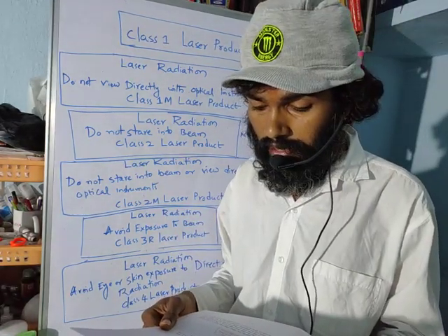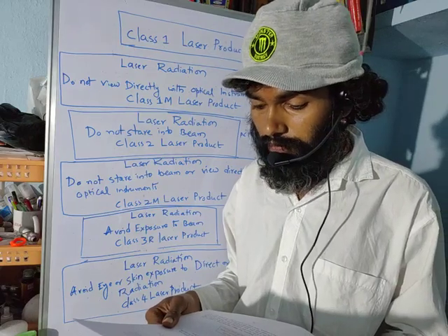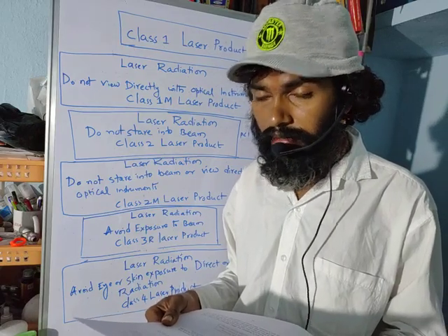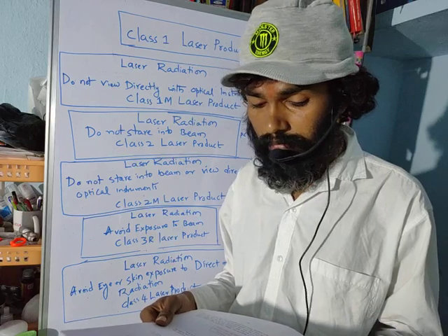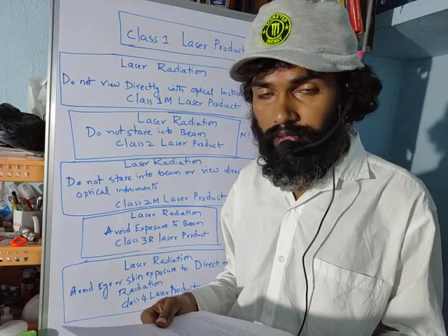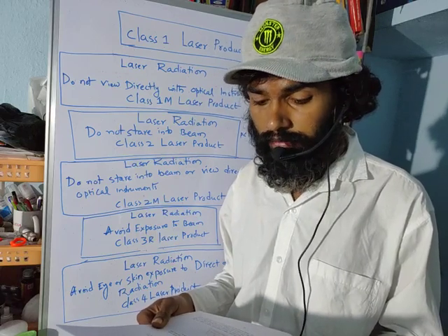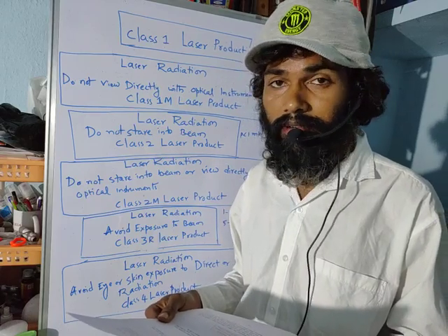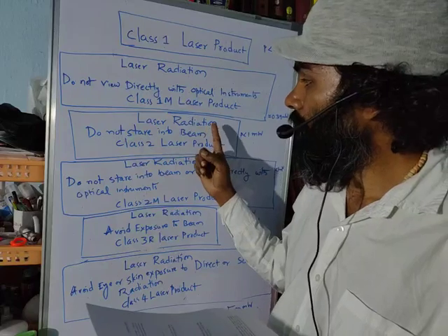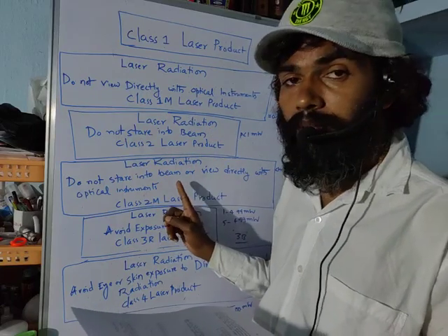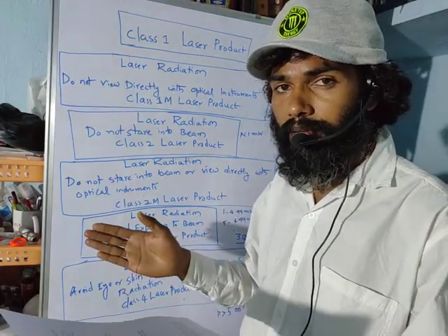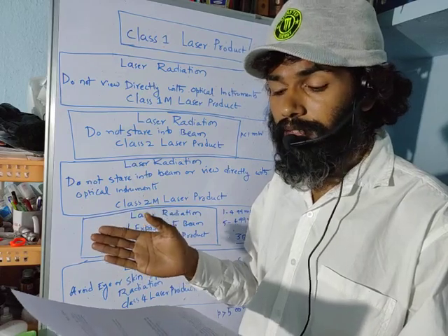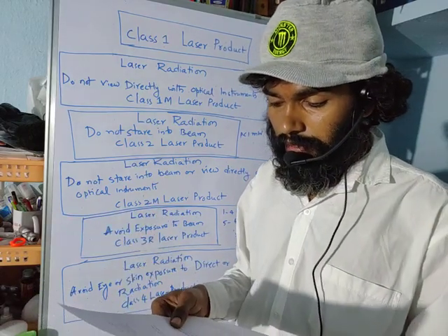But they are safe to view for 0.25 seconds, which is the blink reflex time, without optical instruments. You can look at them without optical instruments, but if you use optical instruments, then it's dangerous. The difference between class 2 and class 2M is that class 2M beams come with larger diameter or divergence.